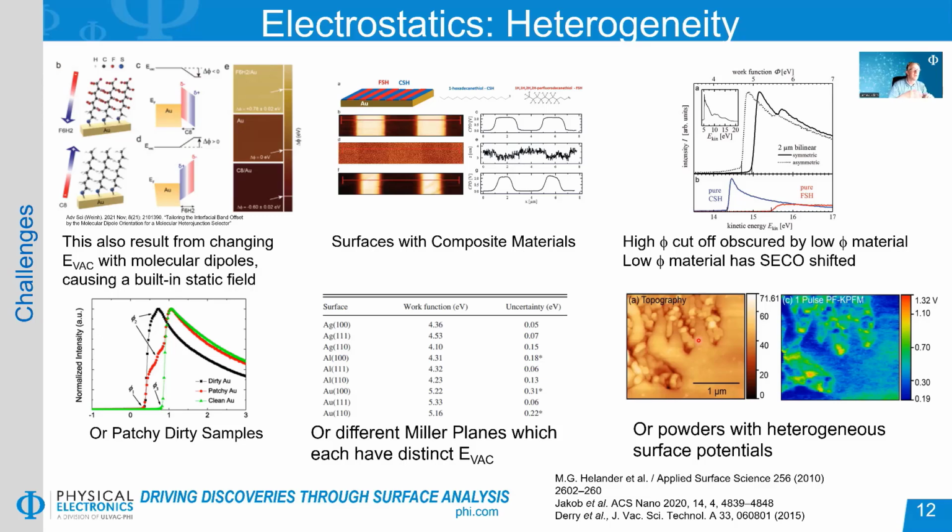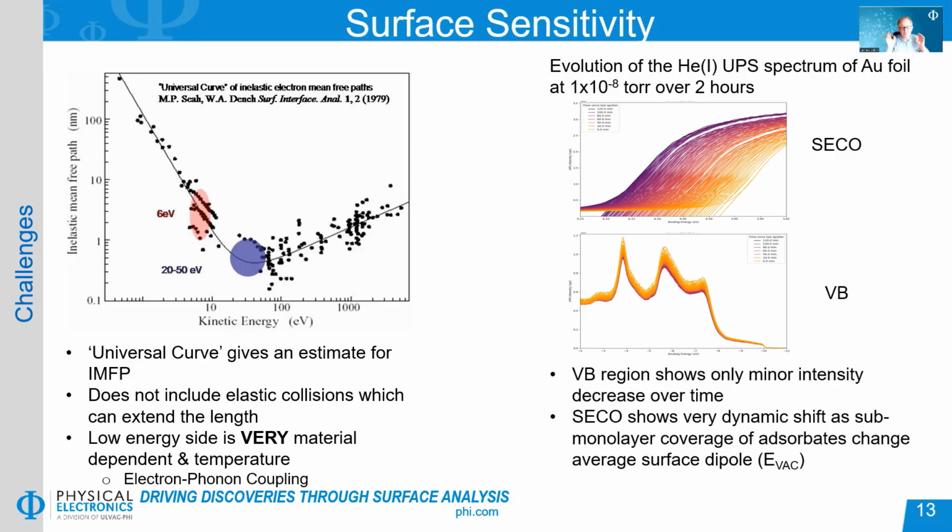Okay, so heterogeneity is another reason why we want our sample to be so uniform. If we want to know a material property of the material itself, then we actually need to have a nice big uniform sample because otherwise we'll have local electric fields that are messing with our vacuum level.